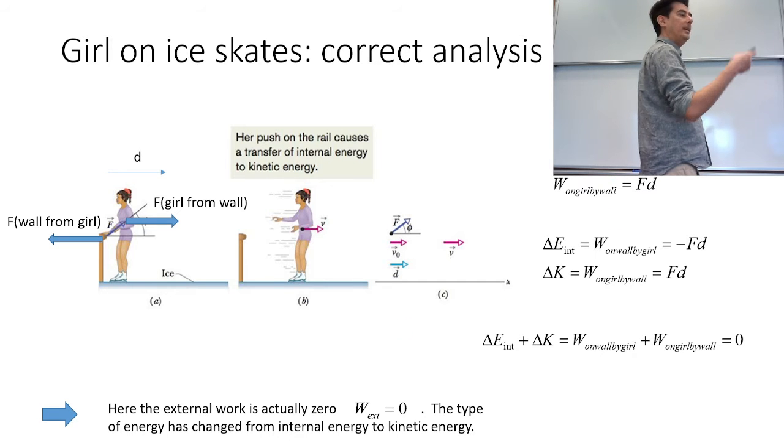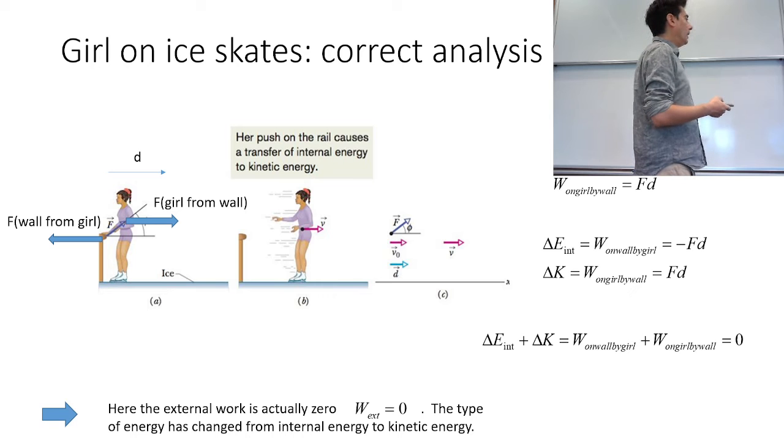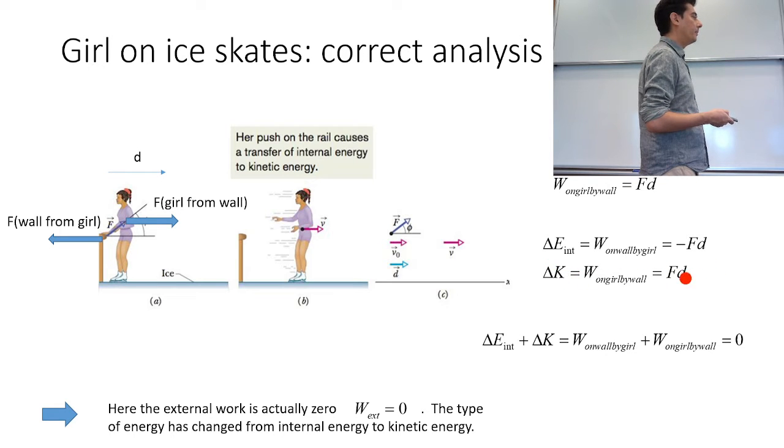So this will be a negative work. This is the same thing that we just said on the previous slide, right? Okay. So this is the thing that's going to eventually contribute to the gain in kinetic energy.